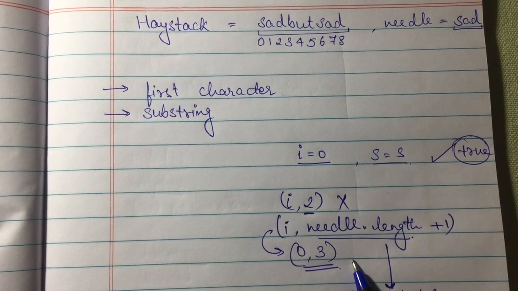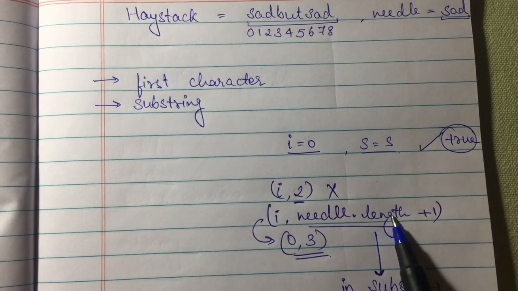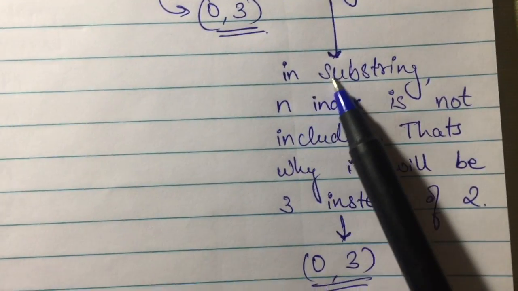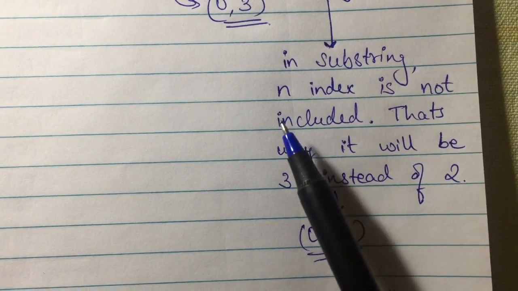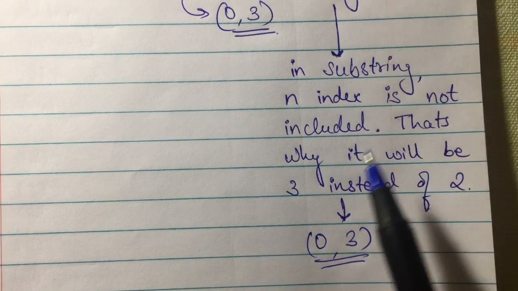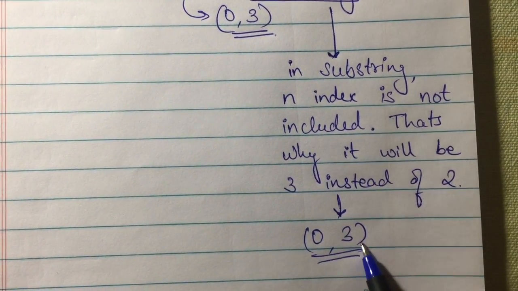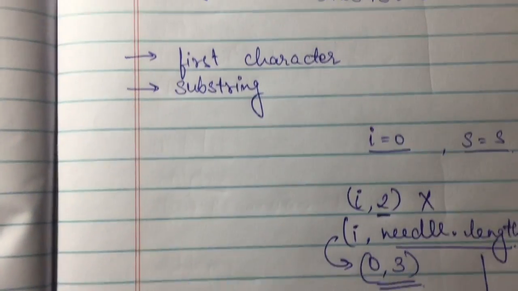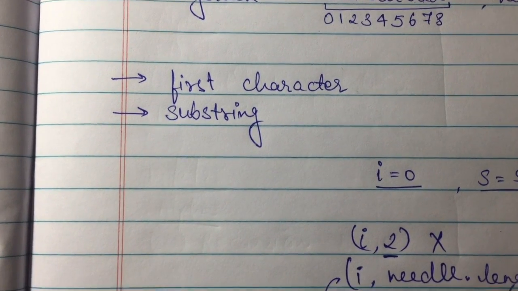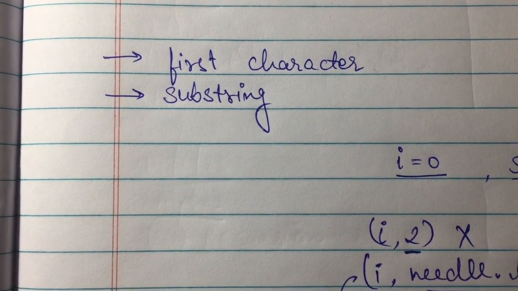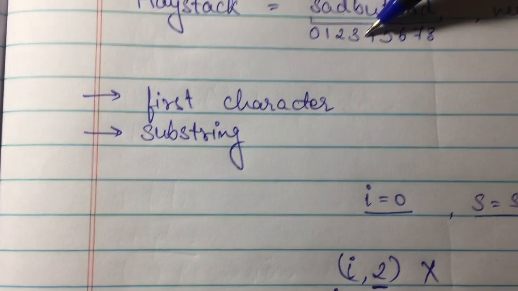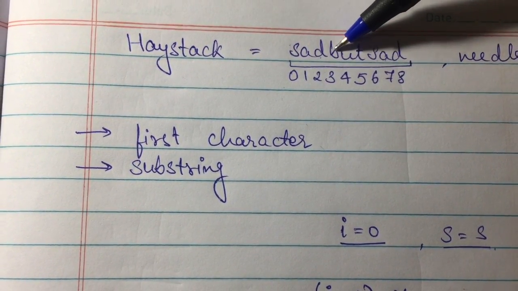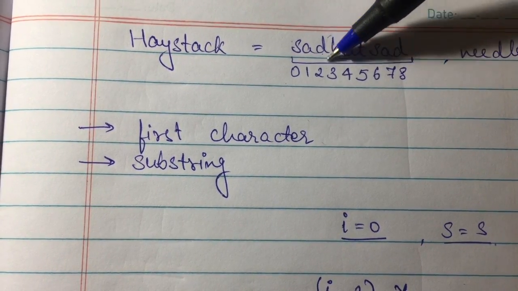This will give us the range from 0 to 3, and we write 0 to 3 because in substring the end index is not included, and that is why it will be 3 instead of 2. So we will take our string from index 0 to index 3, which will include S, A, D and B, but B will not be included in the final answer.